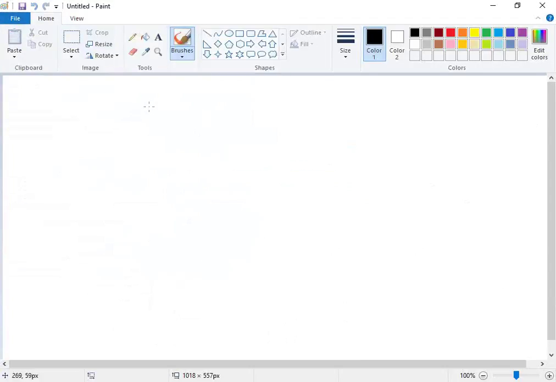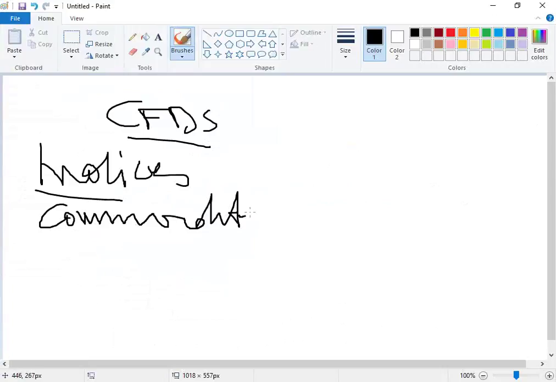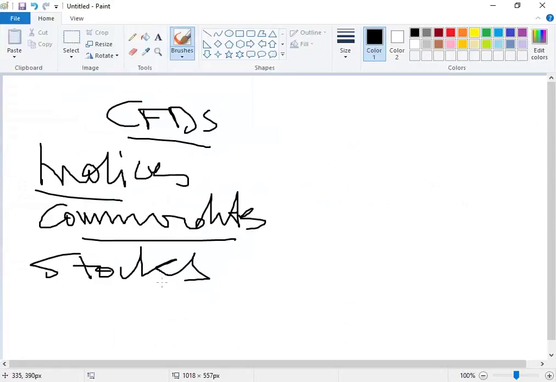Now, the reason we're talking about CFDs is because when we did the futures tutorial, you're able to trade index markets. And one of the things about trading indexes, you could trade commodity products. You could trade individual stocks for day trading, not options though. Okay, these are also referred to as CFDs.